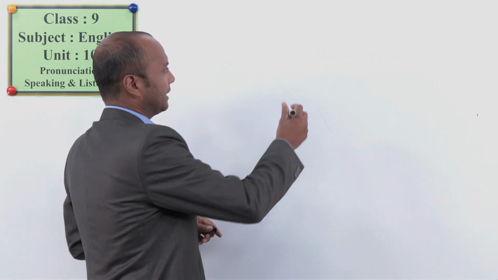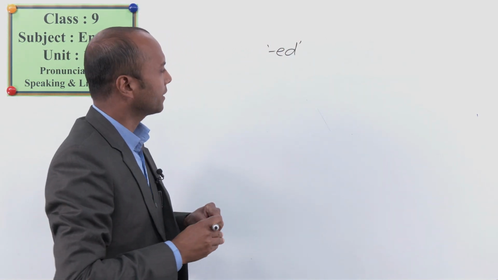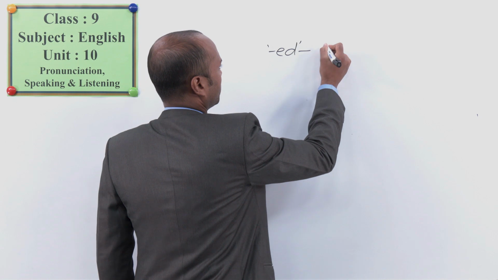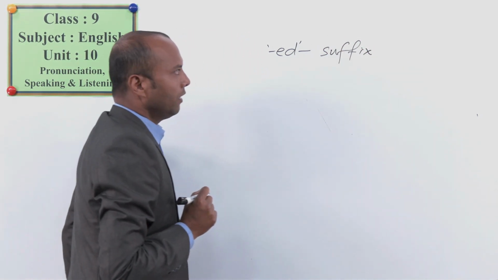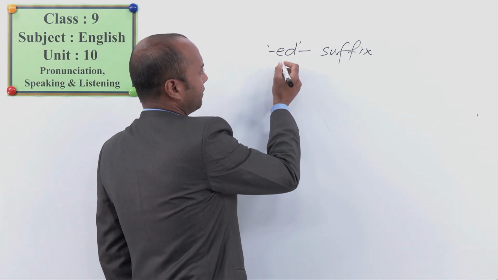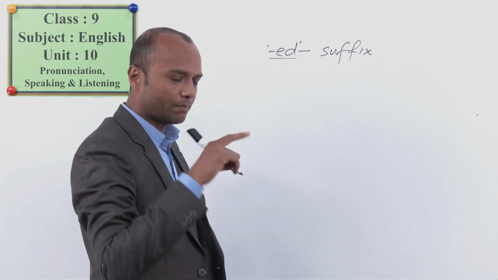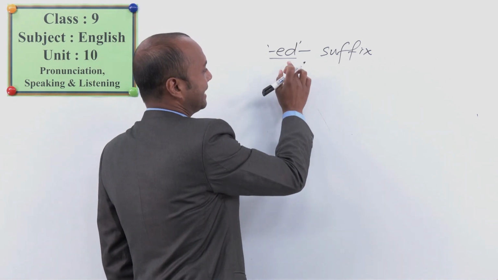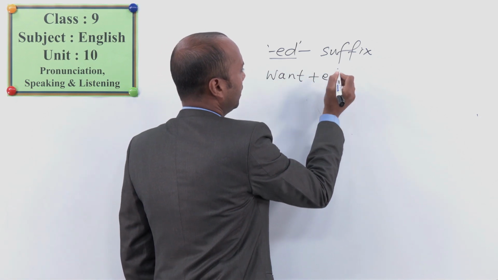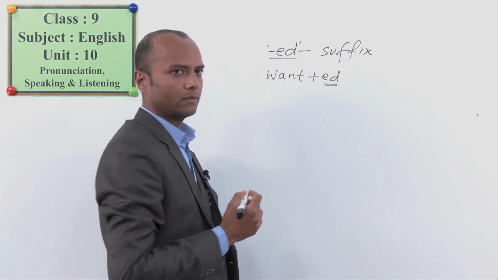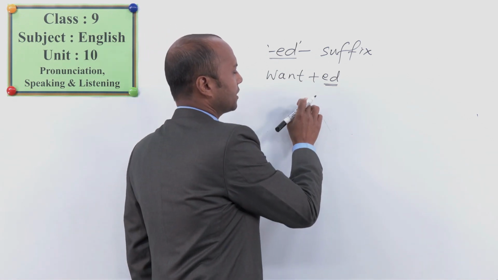So, the suffix ed attached to verbs. In regular verbs we have ed as a past tense marker suffix. For example, want plus ed. So, it makes the verb past tense, simple past or even past participle.